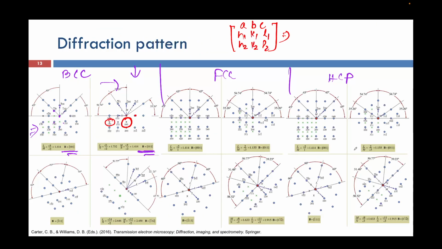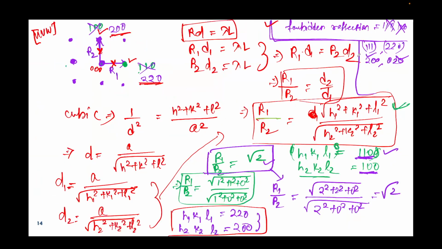ABC are the three axes, like IJK you can say. So U you will be getting as K1L2 minus K2L1, V you will be getting as H1L2 minus H2L1, W you will be getting as H1K2 minus H2K1. So you have to calculate all these things if you are to give an indexing of a diffraction pattern.